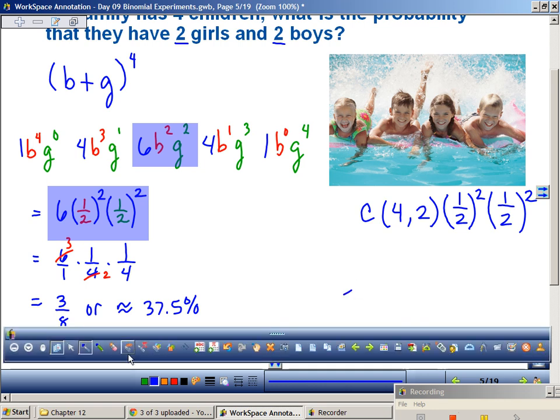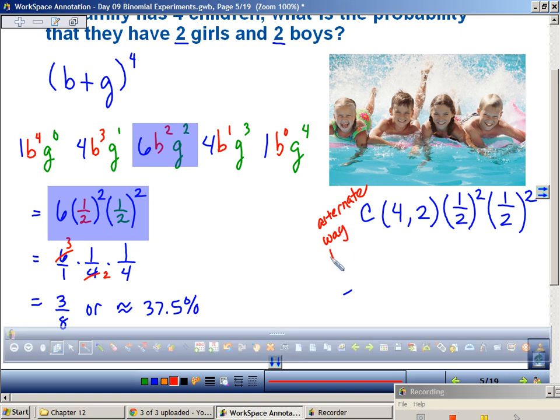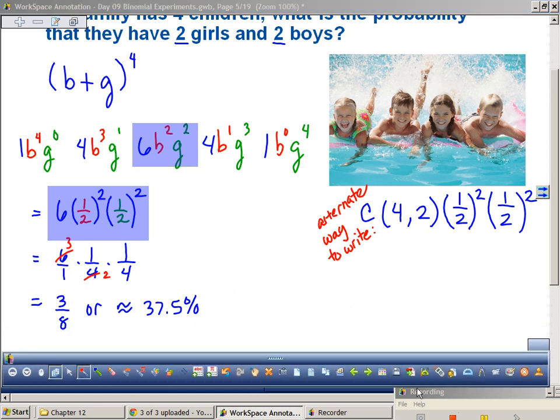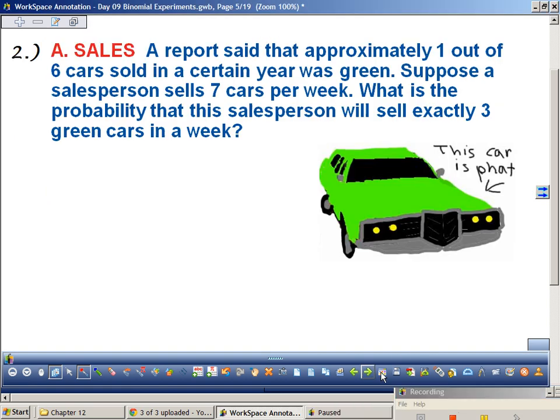So this is the alternate way to write it. Okay, go ahead and copy that down. All right, let's move on.